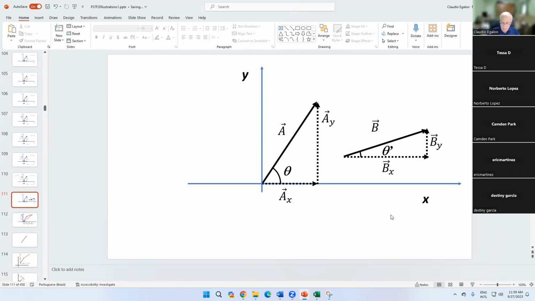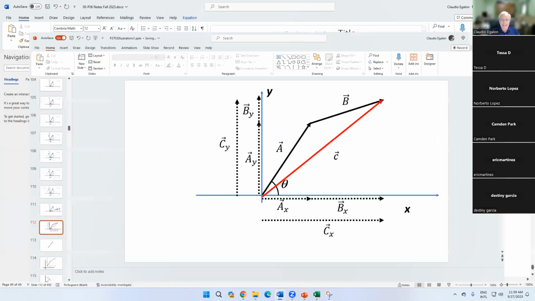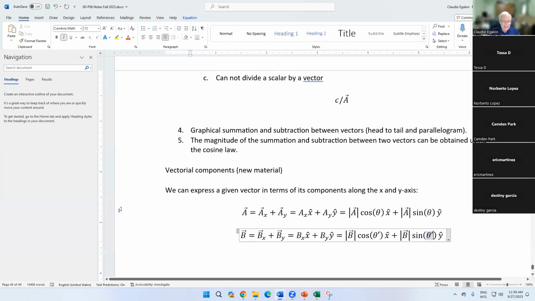So if I'm going to sum up those two vectors, we are going to get this resulting vector C. Okay, and I'm going to copy this one here.